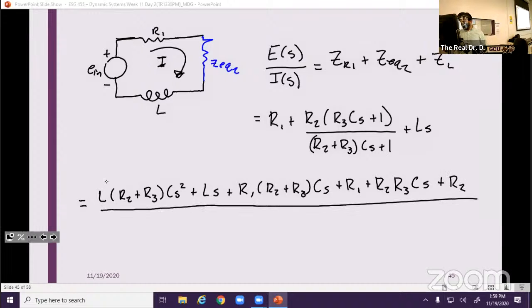That's obvious that that's what that would be. There. At least the denominator is manageable.